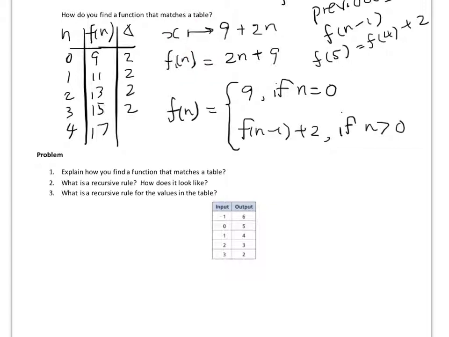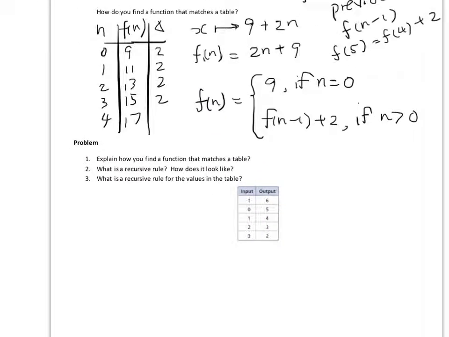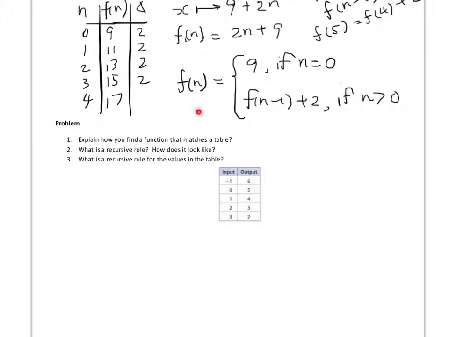How do you write these? You can make your own table and explain it, or you can simply explain it in English. What is a recursive rule? What does it look like? It looks like this. But what do you have for the first row, and what do you have for the second row, and what do these mean? I want you to be able to explain that.